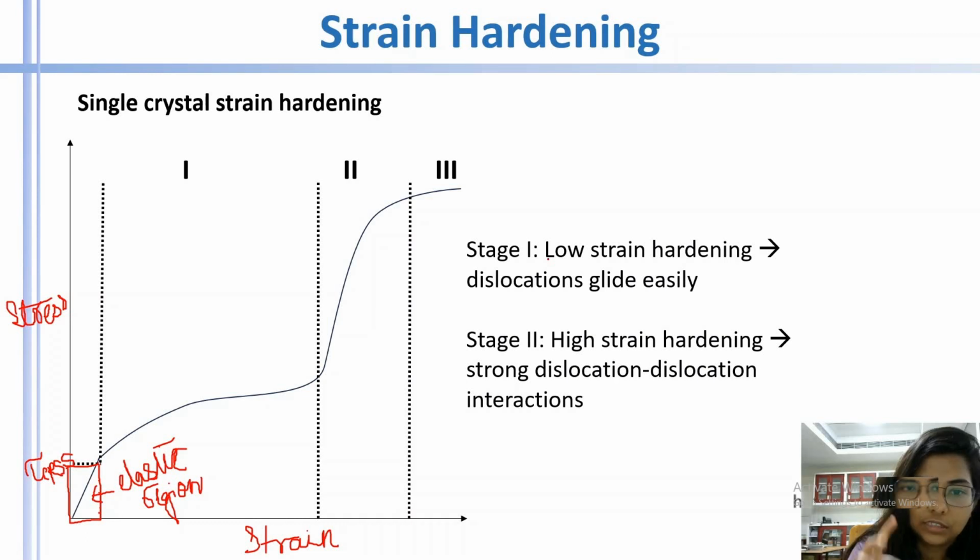However, in stage 2 dislocation interactions start, and these are not mild, these are strong dislocation interactions, which give rise to large strain hardening in stage 2, which is this stage, and stage 1 is this stage.